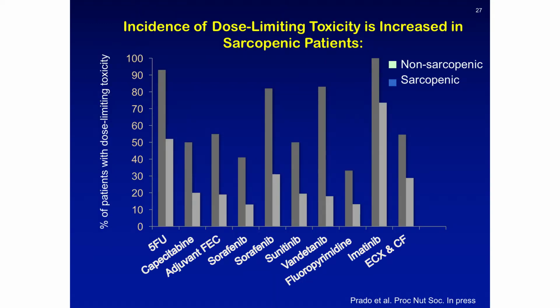And this is an article that Carla did recently that summarizes all of the different drugs and regimens where lean body mass has been shown to be increased in sarcopenic patients.